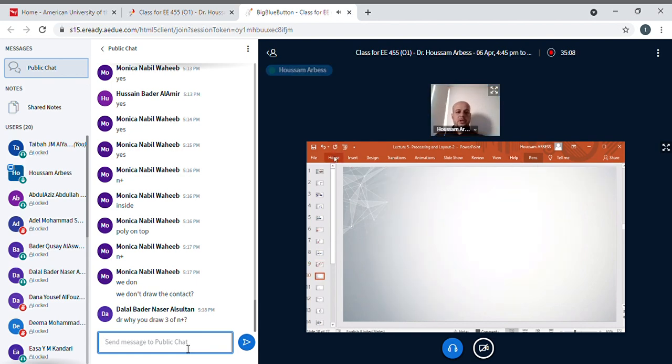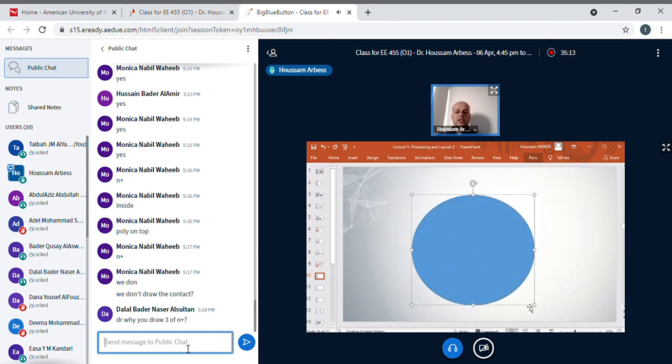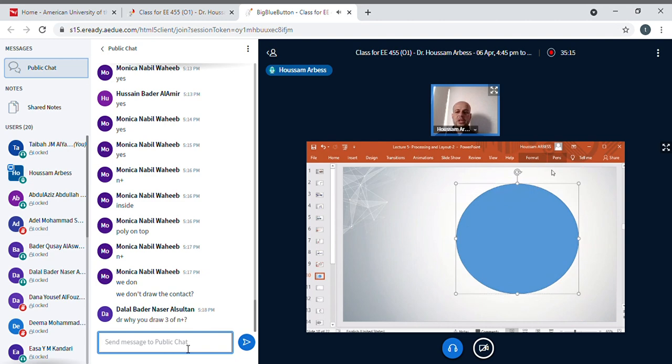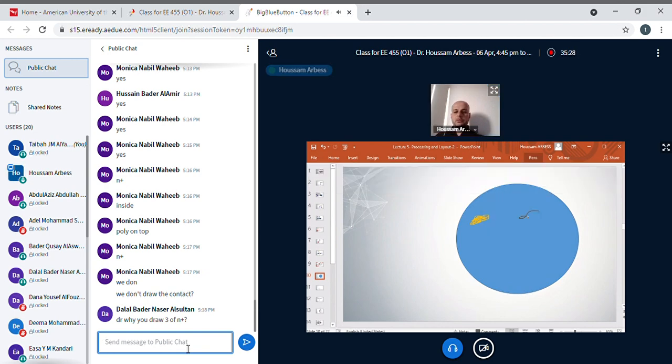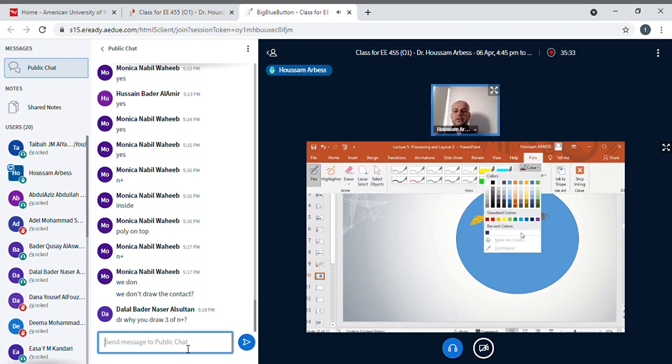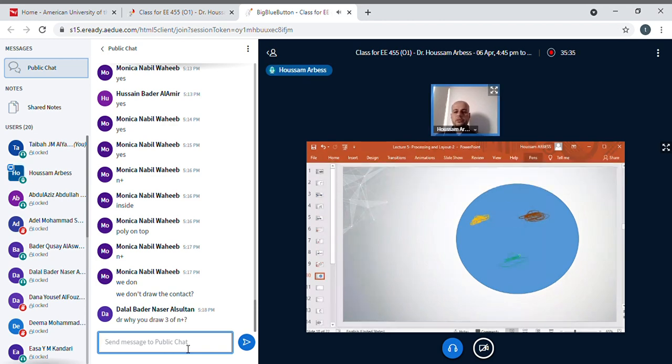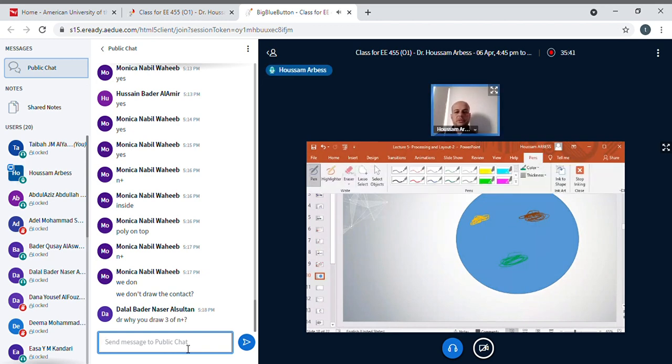During the first lecture, when I was explaining the cross-section view, I told you, let's say you have a cookie, and in this cookie you have one raisin, one piece of dark chocolate, and one piece of pistachio.